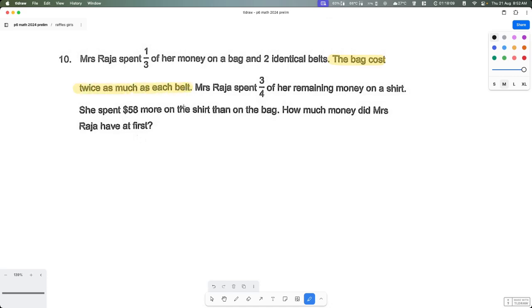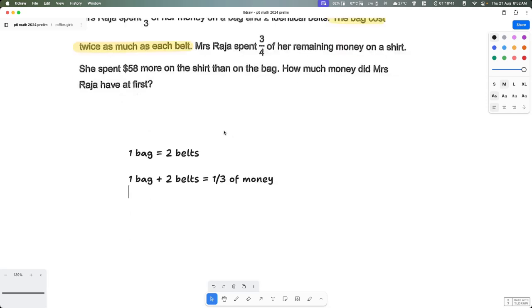All right, so what we can do is we know that the bag cost twice as much as each belt. Let me just write bag and belt, right? So one bag is equal to two belts. Mrs. Roger spent one bag plus two belts, which is equal to one third of money.